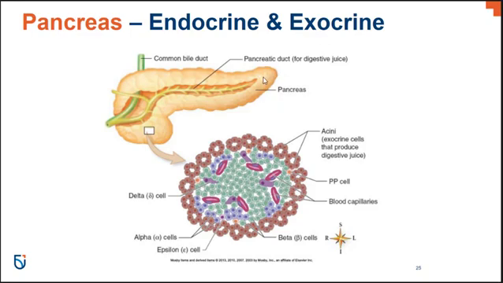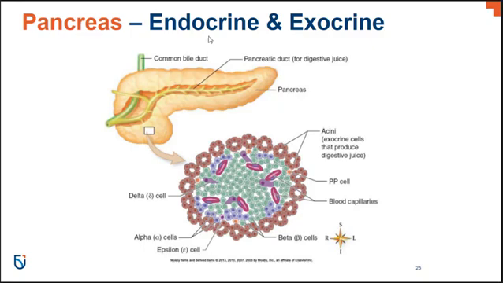So for example, the exocrine glands of the pancreas produce digestive juices, which travel through ducts locally to the small intestine, where they will contribute to digestion. And that will make a lot more sense once we get to the digestive unit.